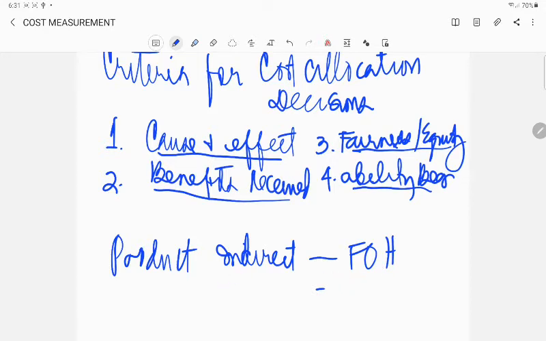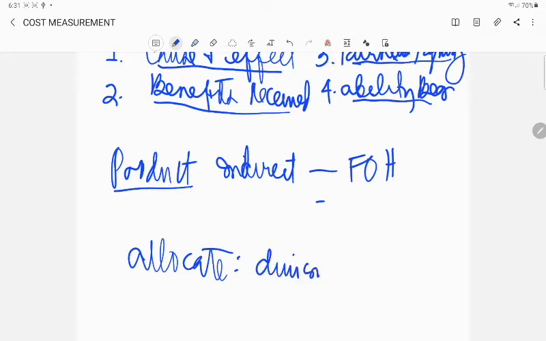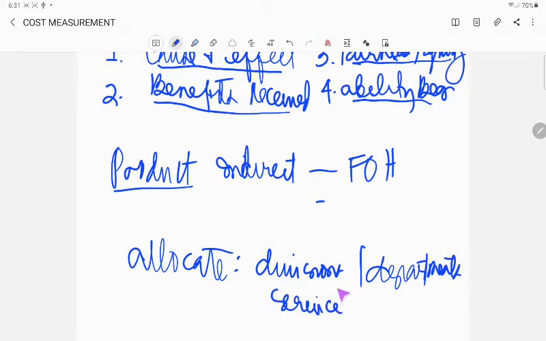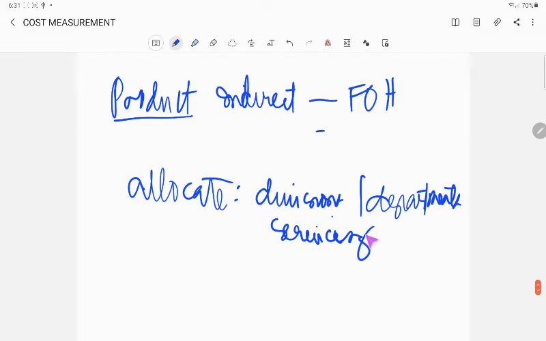At ano pa yung mga ina-allocate mong cost? Aside sa product, the one that you need to also allocate is one incurred by divisions, by departments, of which servicing, diba? The organization in order to produce.